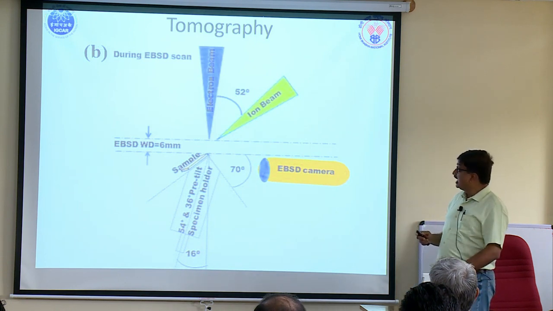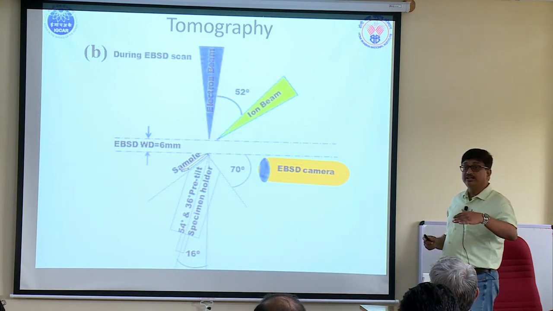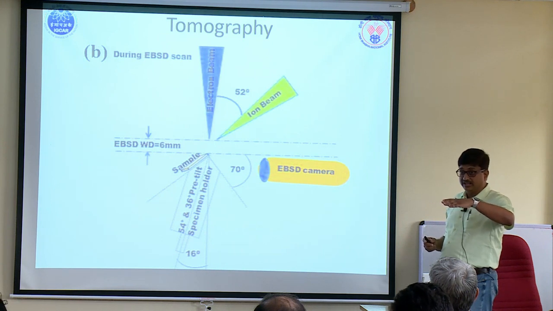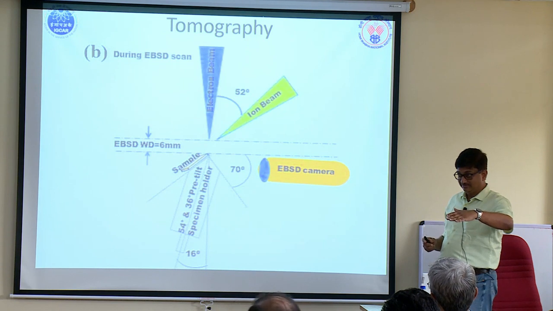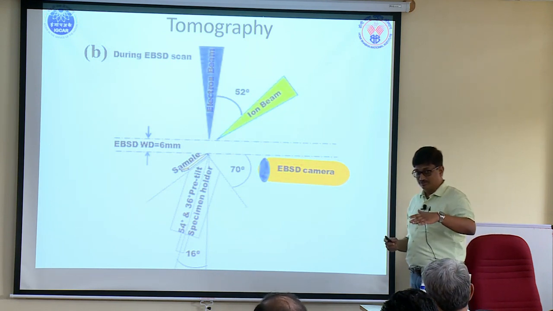During the slicing also you can declare, for example, a high current slicing followed by a low current cleaning. That's very important. Unless you clean, you won't be able to do your EBSD, your patterns will not come.